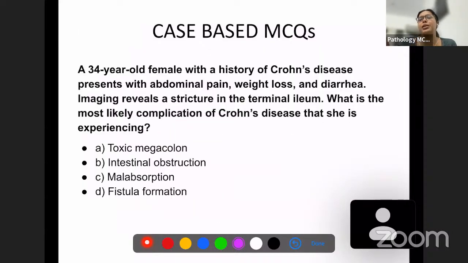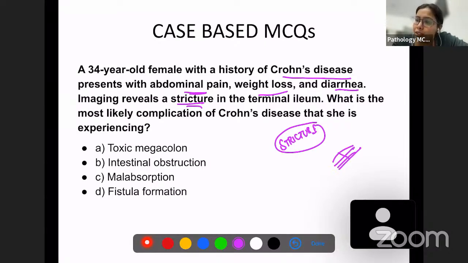Now, some case-based MCQs we are going to discuss. A 34-year-old female with a history of Crohn's disease presents with abdominal pain, weight loss and diarrhea. Imaging reveals a stricture in the terminal ileum. Okay, so we know stricture is also a complication of Crohn's disease, because all 4 layers constrict together to form a stricture, which will ultimately result in obstruction.